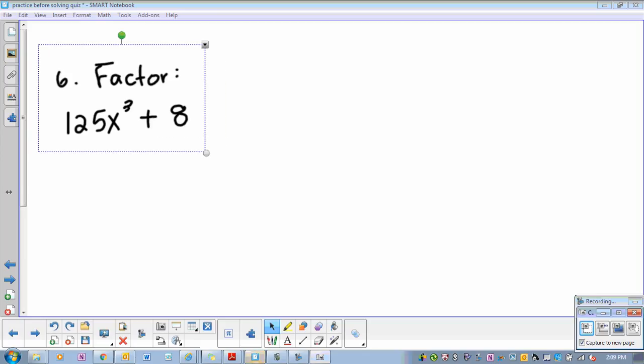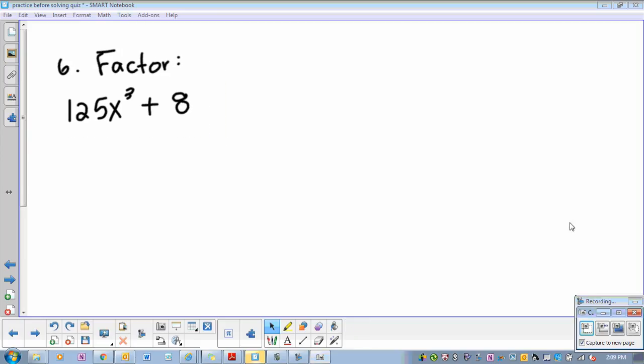All right. So now we're going to factor. What's the first step in factoring? GCF. 125 and 8. Do they have a GCF? No, it's 1, right? So you have a binomial here, and when you factor it with 2 terms, a binomial, your only options are DOTS or SOAP, right? Aside from the GCF. So could this be DOTS? No, right?